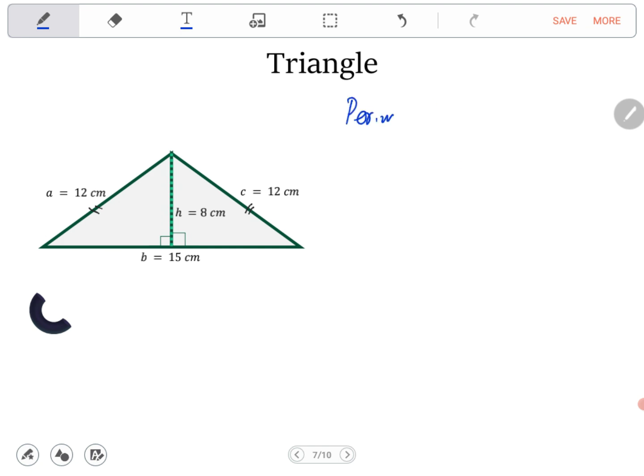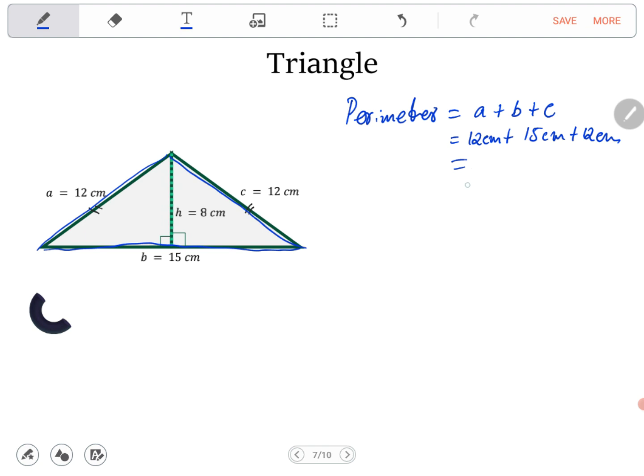The perimeter of a triangle is given by the formula A plus B plus C. So this side here is A, this one here we call B, and this one here is C. So we'll have 12 centimeters plus, no, it's 15 centimeters. 12 centimeters plus 15 centimeters plus 12 centimeters, right?